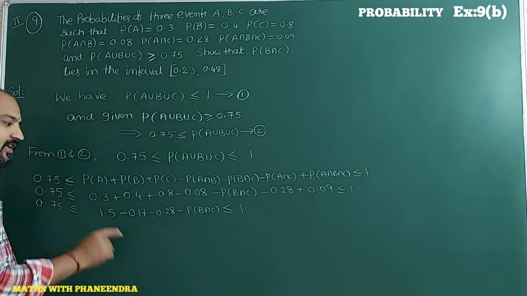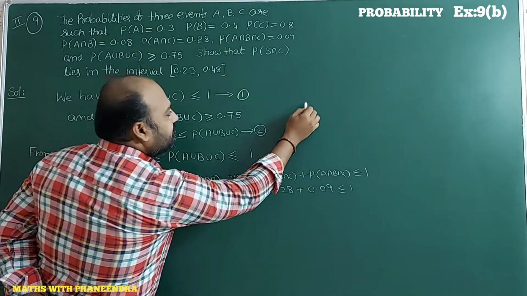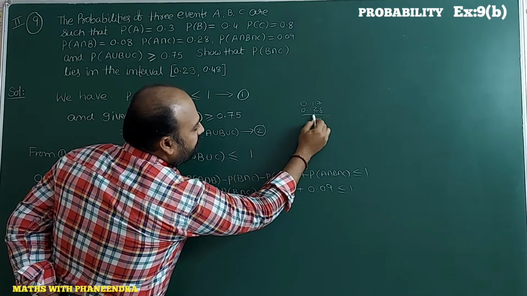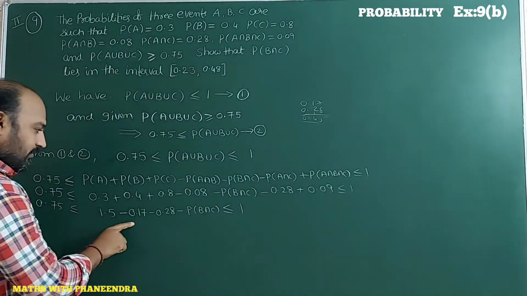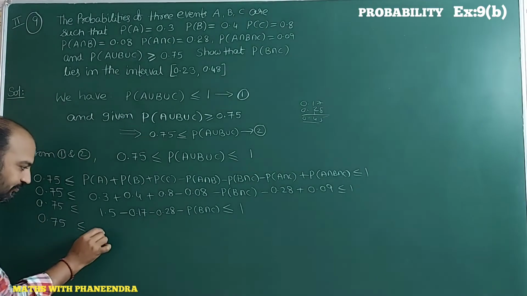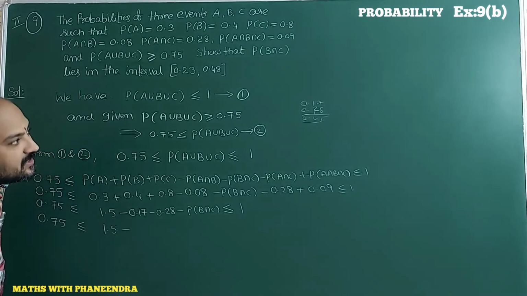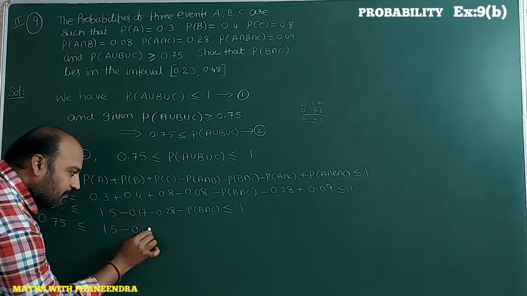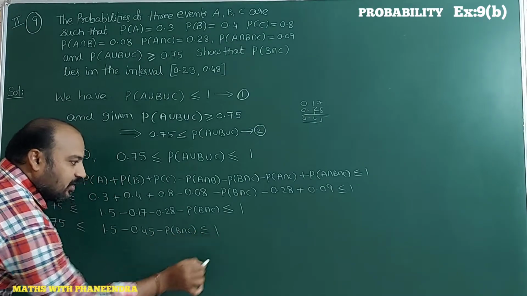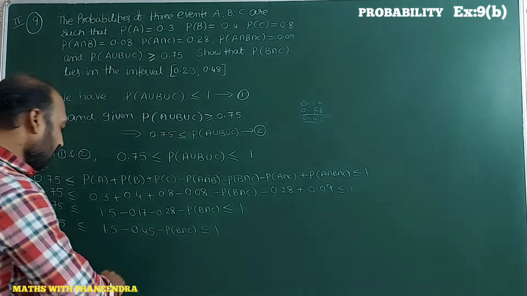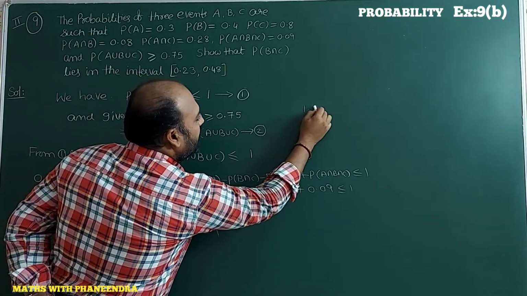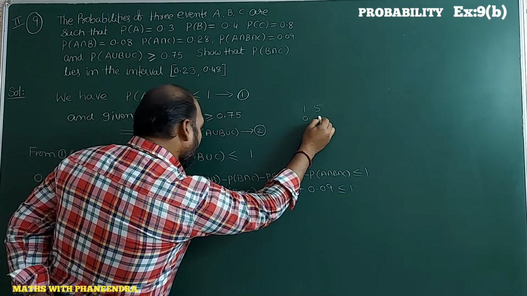Still some simplification to do. 0.17 and 0.28 give 0.45. So 0.75 is less than or equal to 1.5 minus 0.45 minus P of B intersection C, less than or equal to 1. So still we will calculate 1.5 minus 0.45.